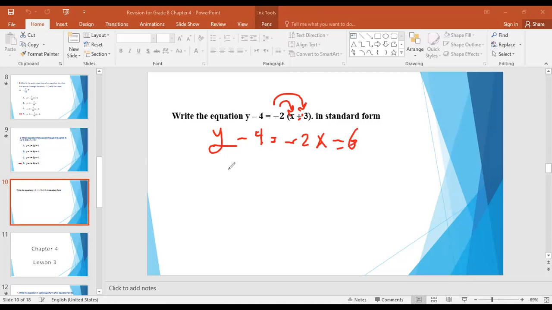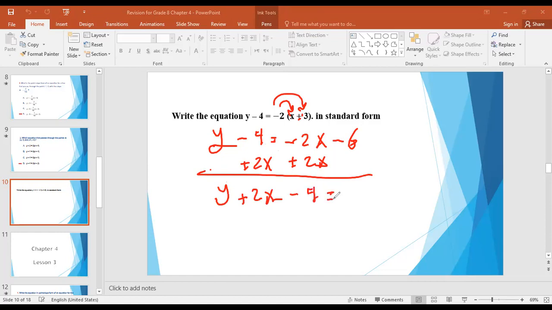Then you can add 2x to both sides. Then it will be y plus 2x minus 4 equals negative 6.